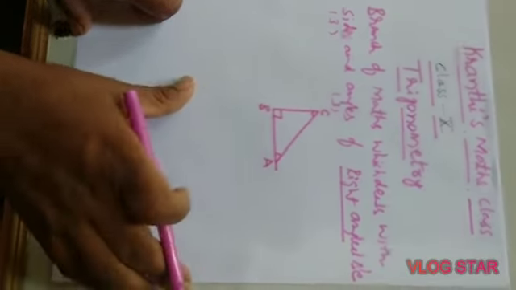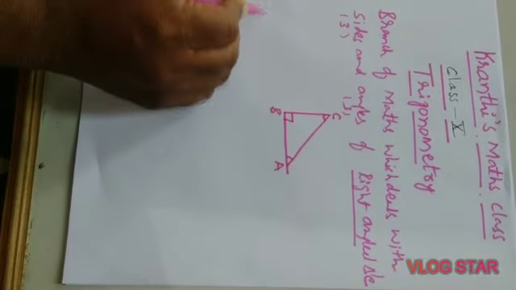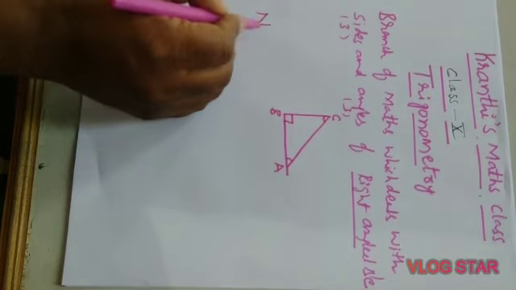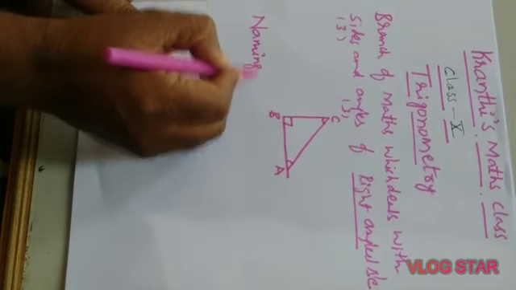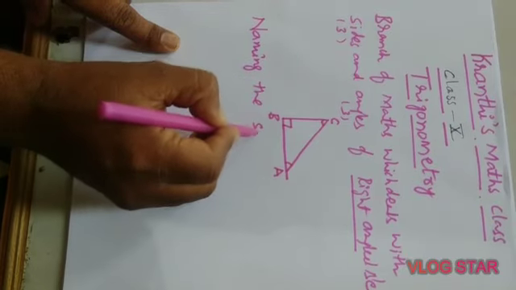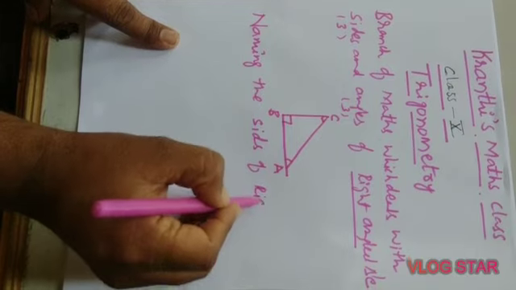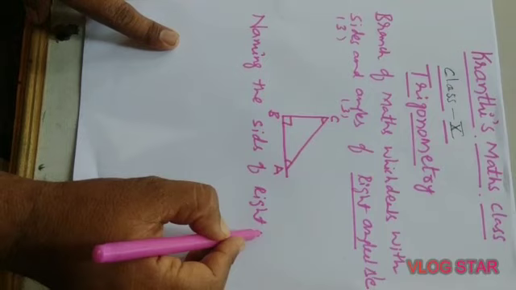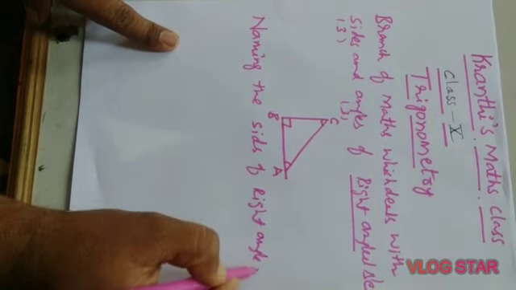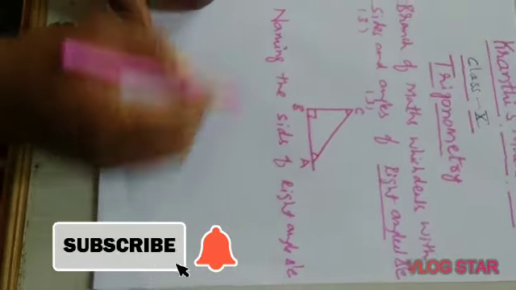Now in this right angle triangle, first of all we have to know the naming of the sides. Naming the sides of a right angle triangle.